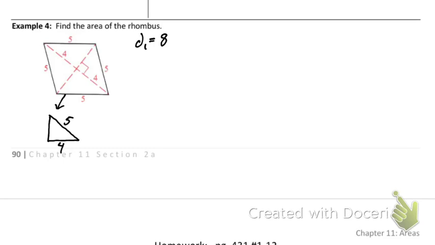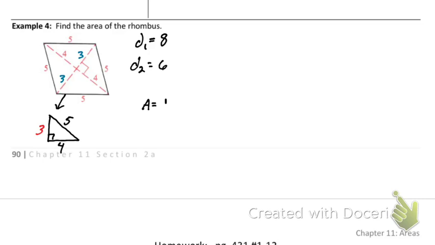The base is 4. We already said that Pythagorean triple is 3, 4, 5. So our missing side is just 3. So that means this is 3. This is 3. That makes our diagonal 2 equal to 6.